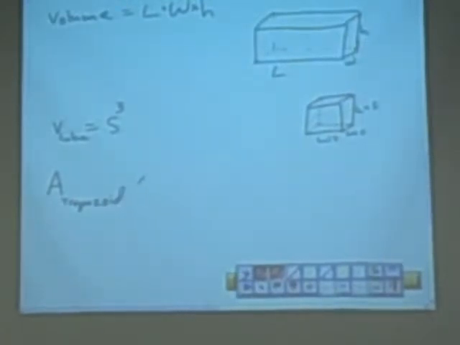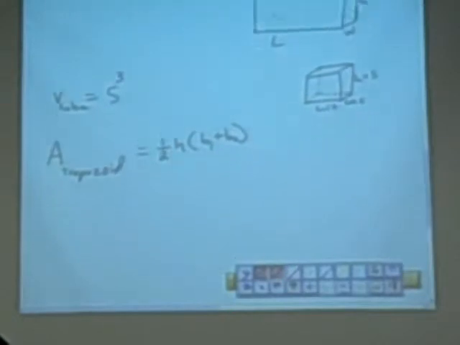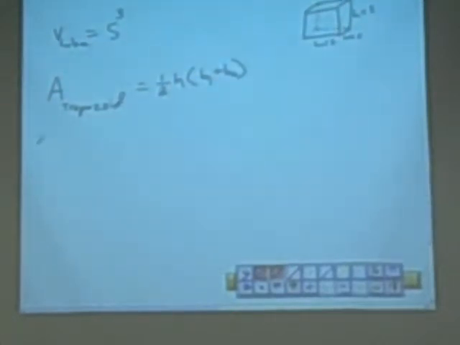And we said the area of a trapezoid, what's the equation for that? 1/2 times the height times quantity of base 1 plus base 2. Right. In this worksheet, it's going to tell you find the area of a trapezoid.